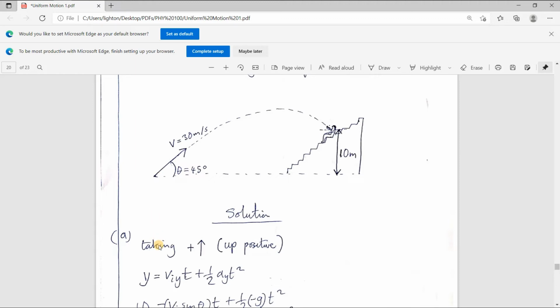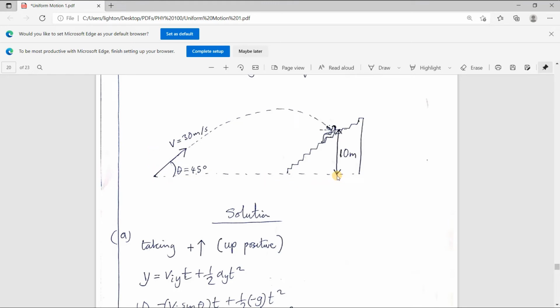Now, as I have said here, taking up positive, this is the symbol I've used. This arrow pointing up shows that I've taken up as positive, which is this thing in brackets, up positive. Now, from this starting point going up, everything is positive.